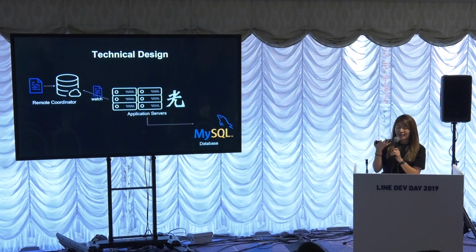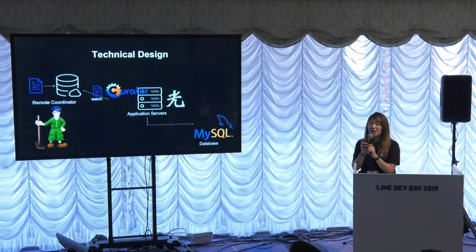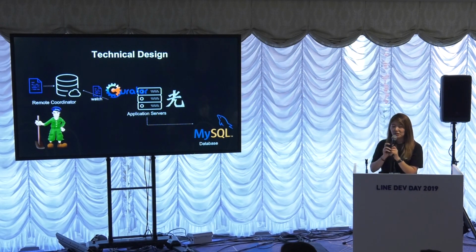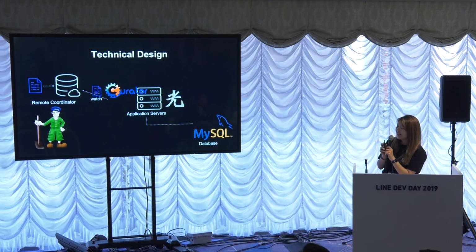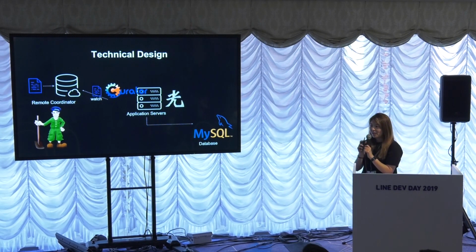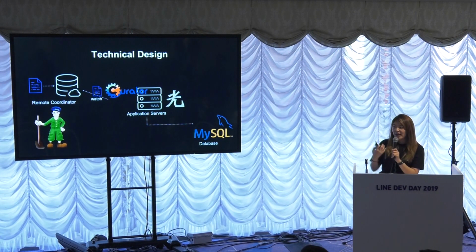To offer the connection on the API server, we use a Hikari connection pool. As a remote coordinator, we introduced Zookeeper, which is really famous for that purpose. On the application side, we use the Curator Zookeeper client with a special recipe. The recipe we used is a watcher, which can be notified about every change on the Zookeeper cluster, as all of you already know.